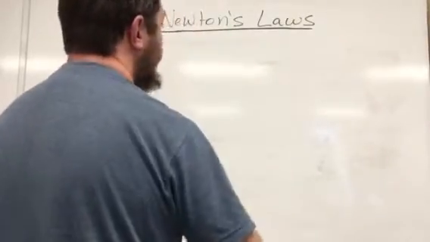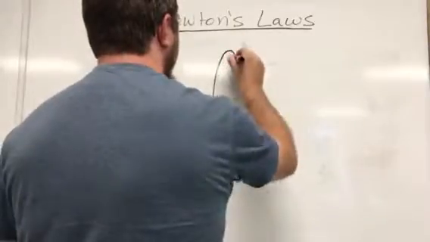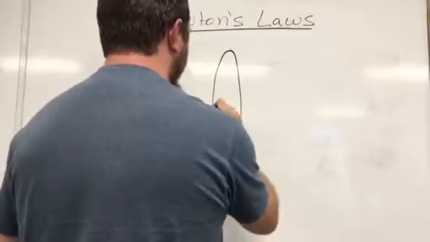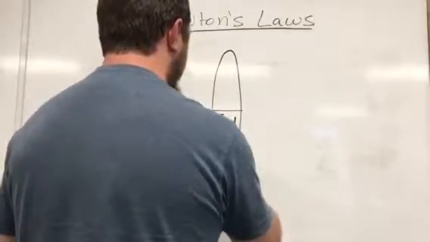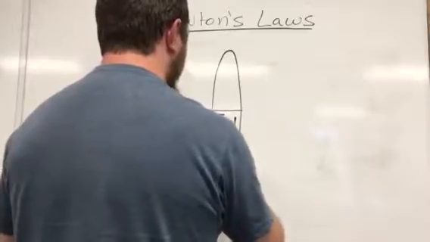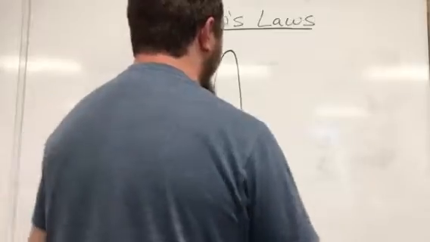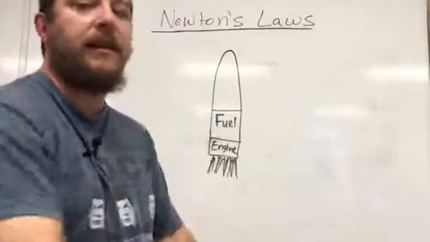But a more popular way to demonstrate the validity of the third law is with the idea of a rocket, all right? So let's say we have our rocket here, and we have our fuel tank, and here we have the engine, and the engine is where the combustion happens, and it expels the gas. So what is happening is the engine is expelling the gas downward.